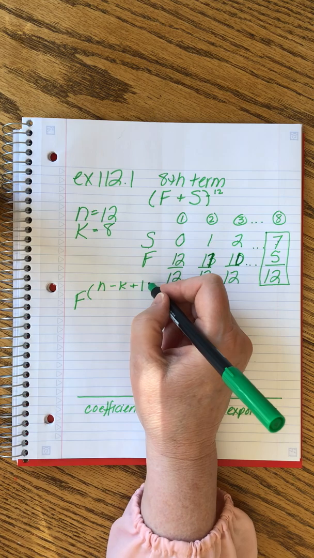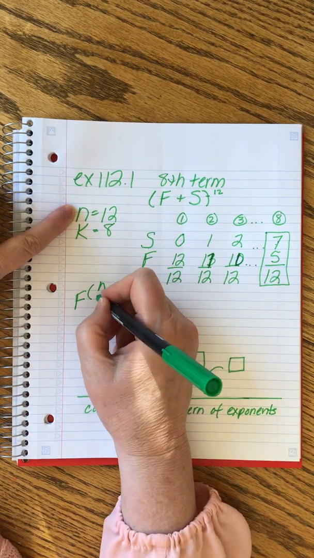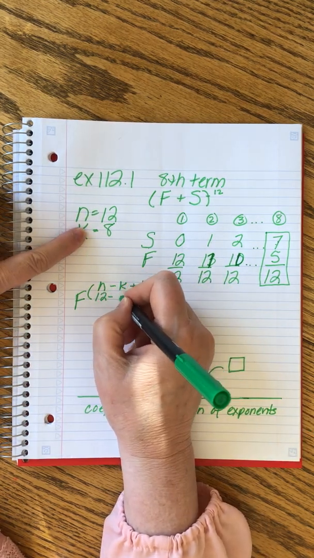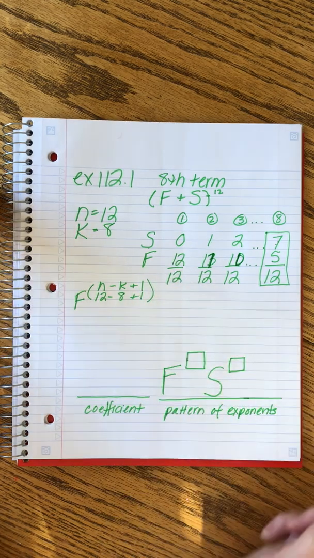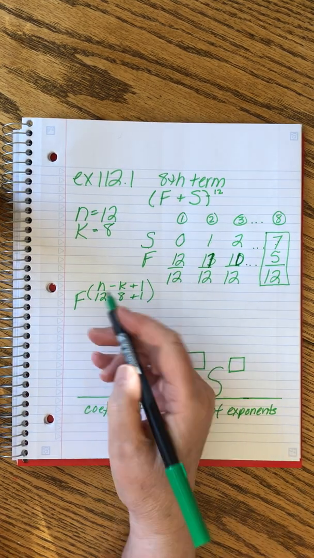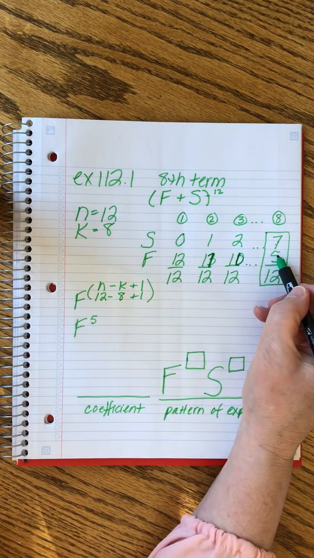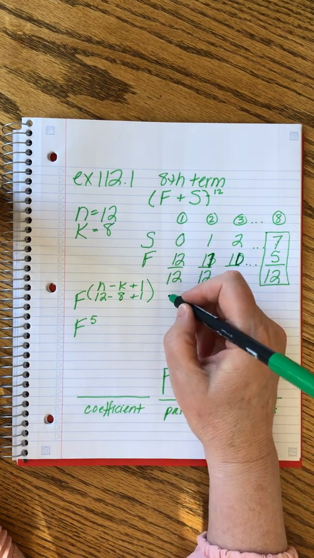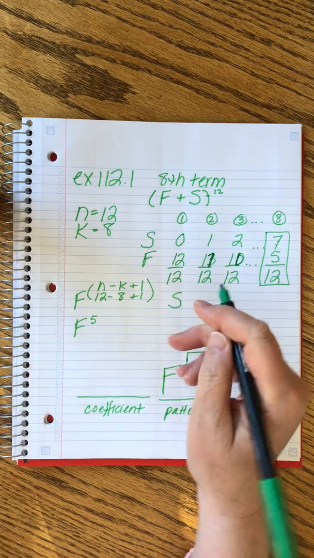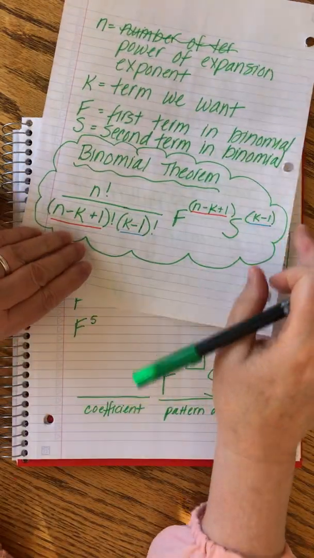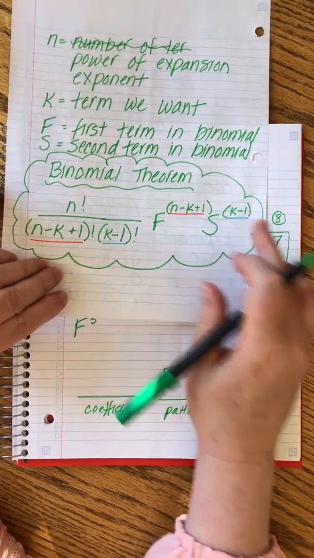And in our example, that's 12 minus 8 plus 1. 12 minus 8 is 4, plus 1 more is 5. That's f to the 5th power, and that's exactly what we calculated over here. Our s, using the formula, should be equal to k minus 1.